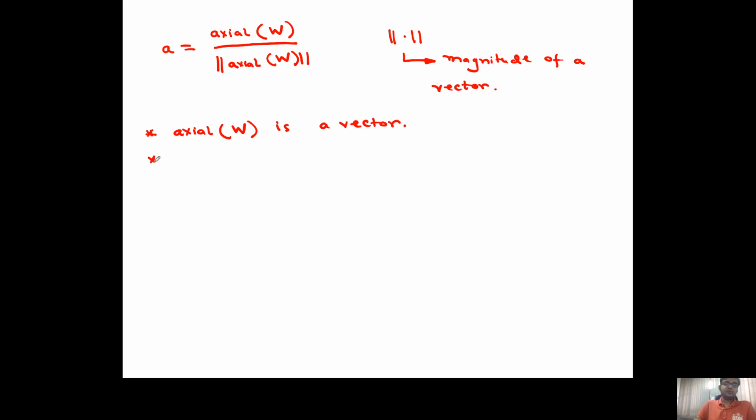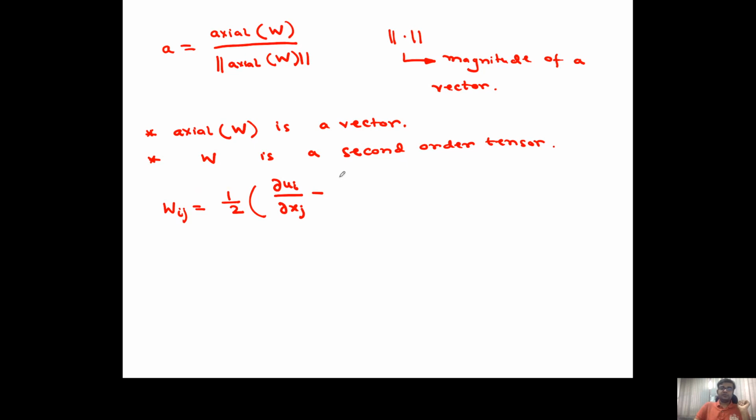And what was W? W itself is a second order tensor, because like strain is a second order tensor, similarly W is a second order tensor. And there is another property of W, if you can remember. W looks like this: half of del ui by del xj minus del uj by del xi.